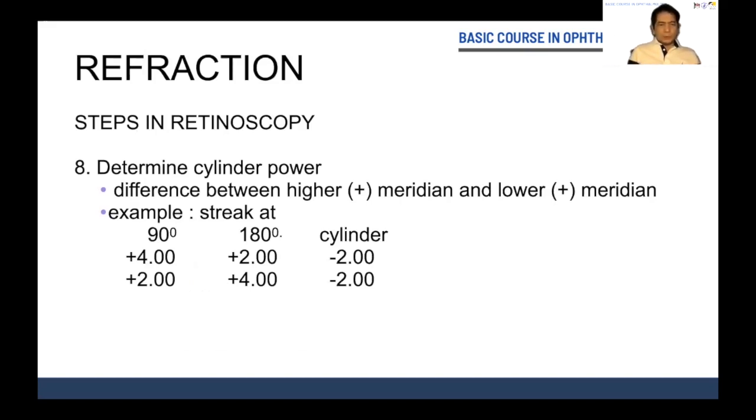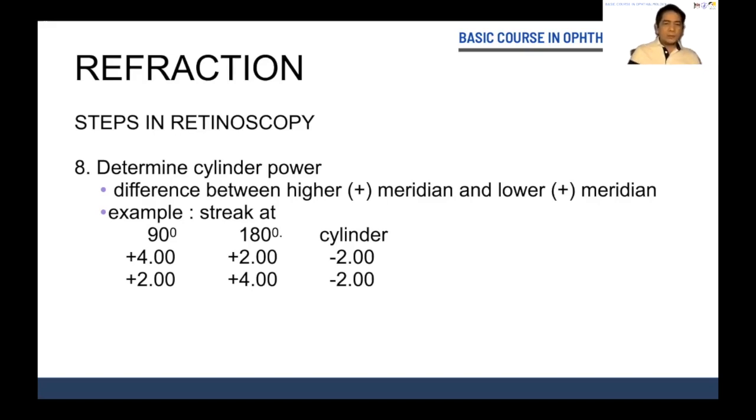How about the power? The difference between the higher plus meridian and the lower plus meridian is your power. So plus 4 and plus 2, the difference is 2 diopters. Plus 2 and plus 4, the difference is 2 diopters. And it always goes with a minus sign. The cylinder is always in a minus sign. You only see a plus cylinder sign in other countries, especially like the US.